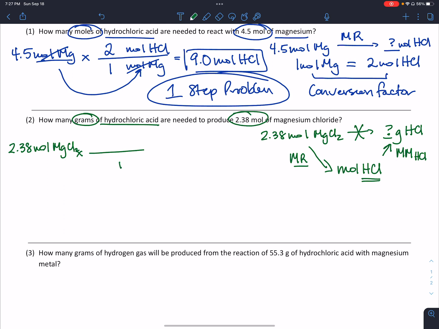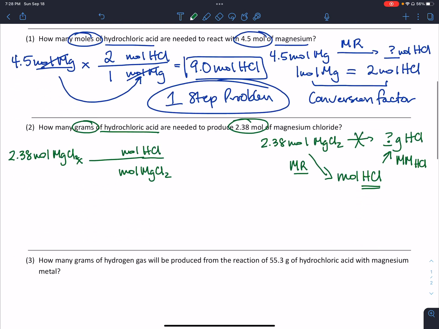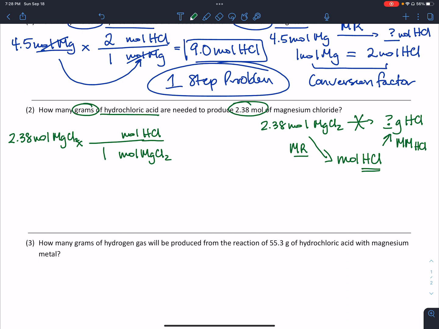For my mole ratio step, I'm going to put moles of MgCl2 on the bottom of my conversion factor so that it will cancel, and moles of hydrochloric acid, HCl, up top. So I go check that balanced chemical reaction, and I see that for every 1 mole of MgCl2, I need 2 moles of HCl. And that's going to let me cancel those moles of MgCl2 and leave me with moles of HCl. But the problem wants grams, so I need one more step.